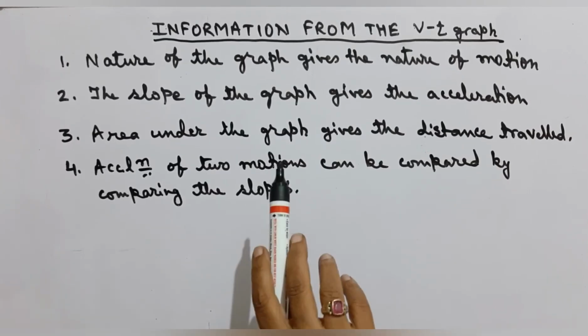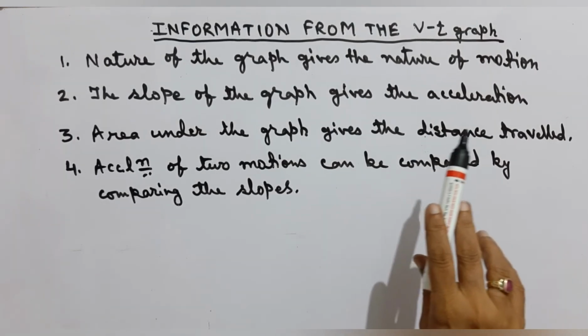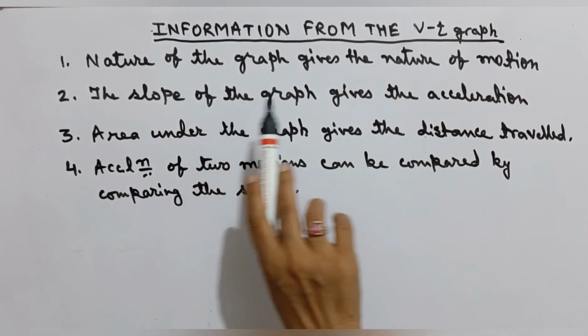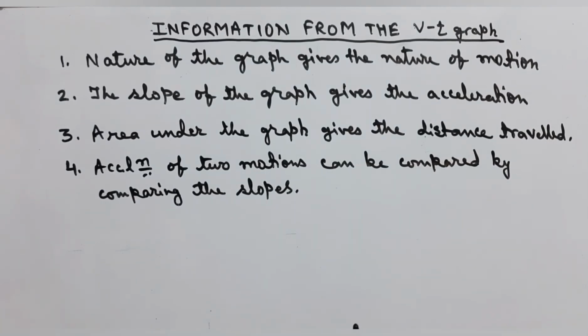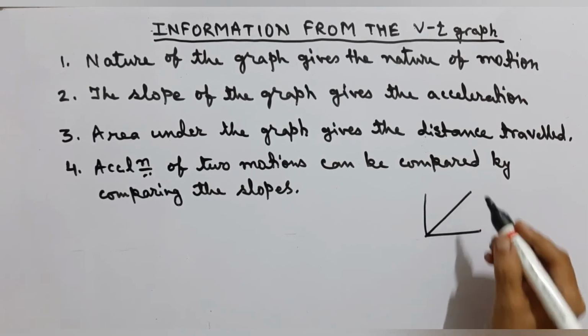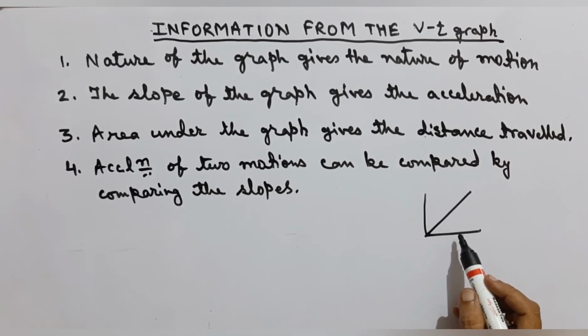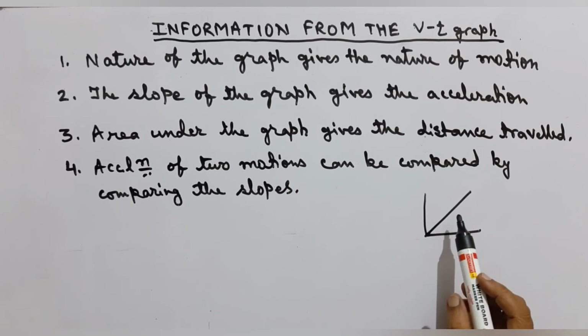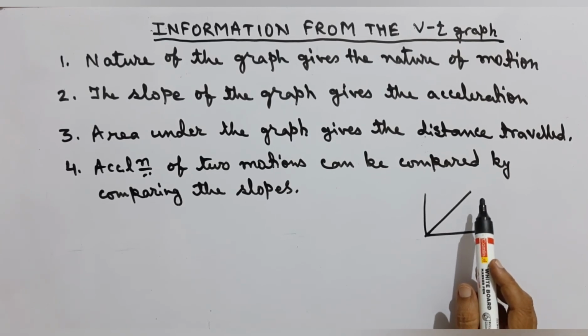Here are the informations obtained from the velocity time graph. Nature of the graph gives the nature of motion. As we have seen, if the graph is a straight line making some angle with x-axis, it is a uniformly accelerated motion.